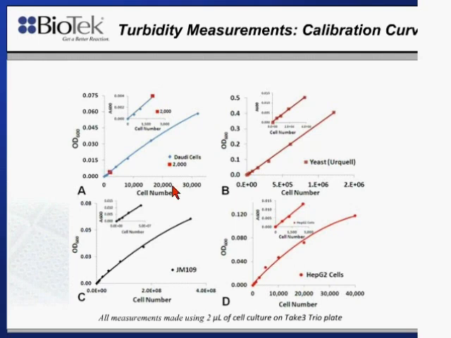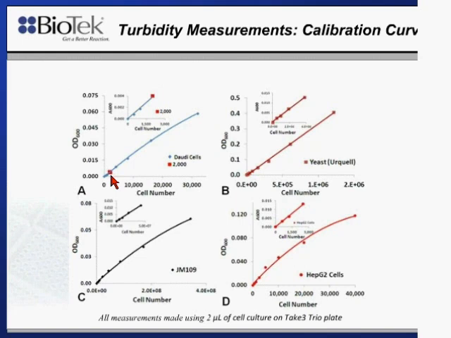What you can see is the large squares will represent about 2,000 cells. In this image, top left, these are Dowdy cells, which are a peripheral blood cell line that we work with quite often here. So having this calibration curve allows us to do a quick absorbance measurement.